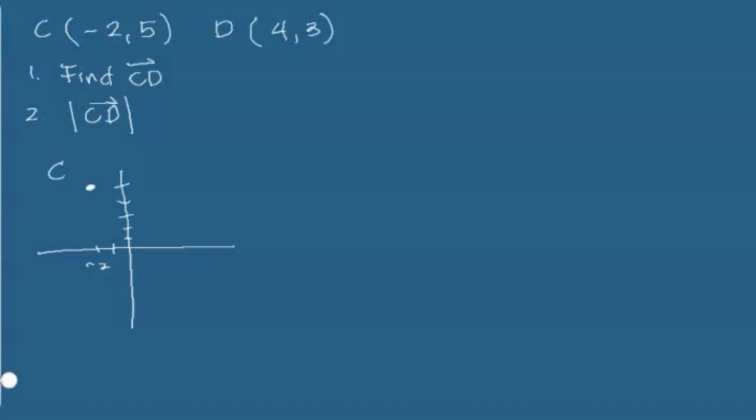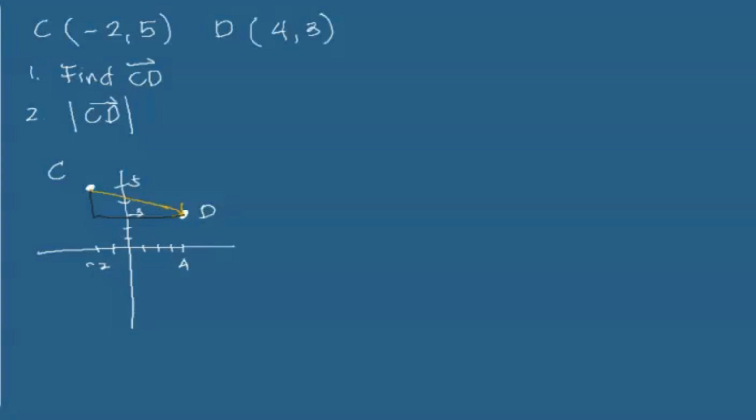This is C and D is 4, 3. Okay. So this is our vector CD, where it starts at point C and ends at point D.